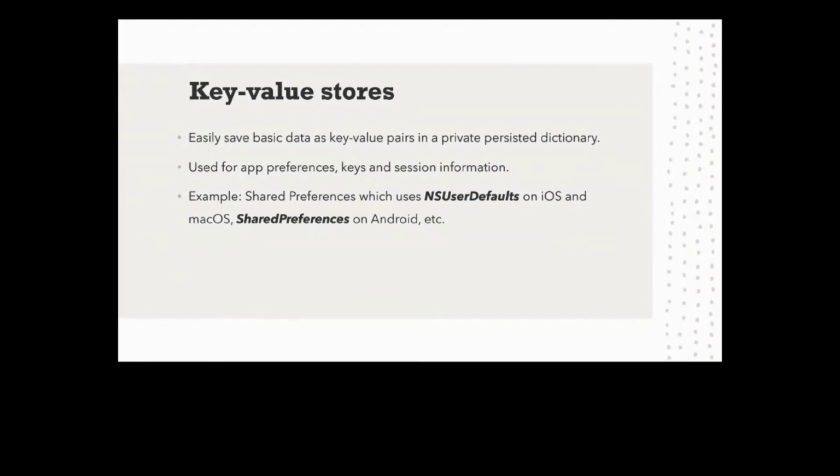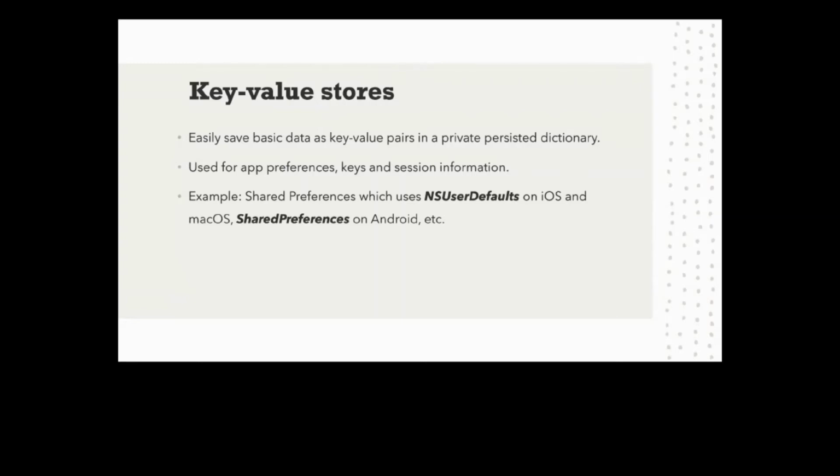A very good example is shared preferences. There's a plugin called shared_preferences in pub.dev that uses iOS default preferences and other different default preference libraries to store the data. This is just an abstraction.